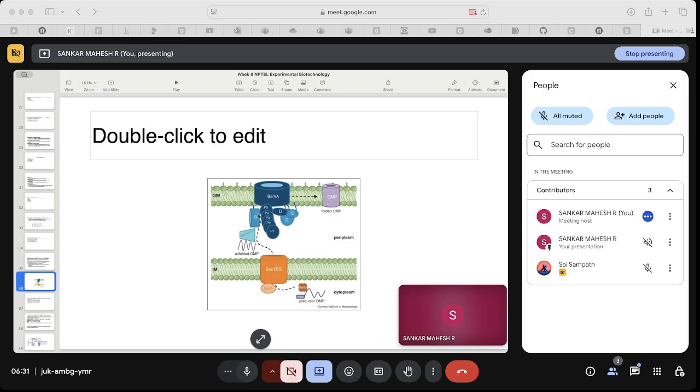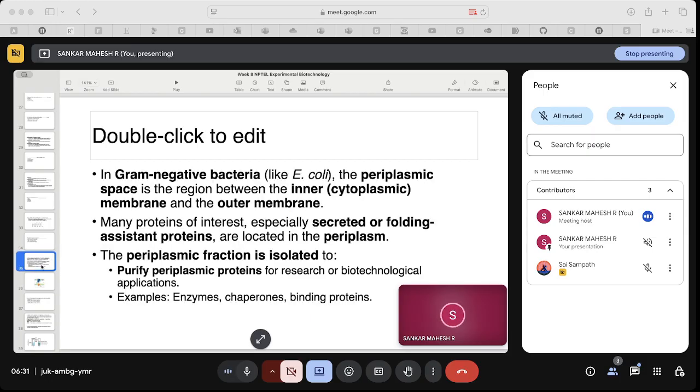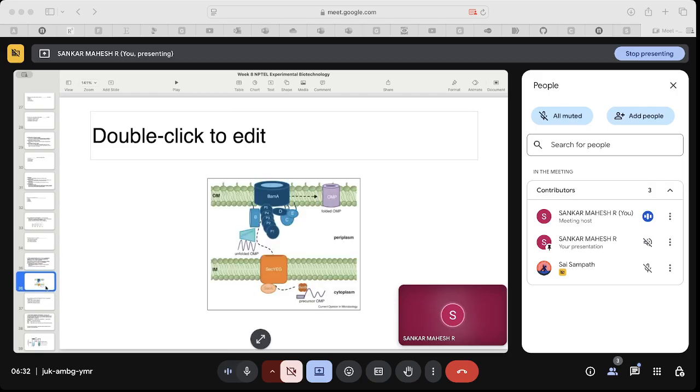These are what are majorly present in the periplasm. To purify this, we use the periplasmic extract, and it is present in gram-negative bacteria. I hope you understood what kinds of enzymes and proteins we'll have here.